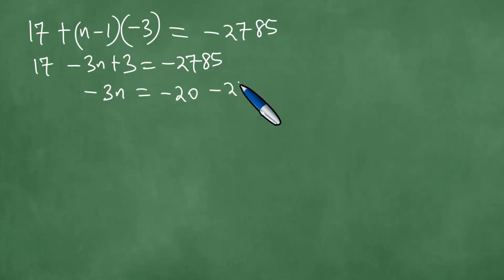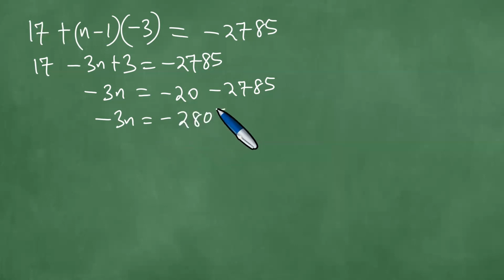Then there's minus 2785, so minus 3n is minus 2785 together with 20. Isn't it 2805? Negative 2805. Yes, that's correct.